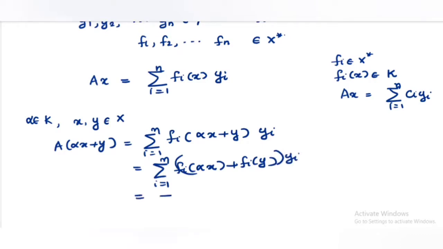This is equal to sigma i equal to 1 to n of alpha fi of x into yi plus fi of y into yi.